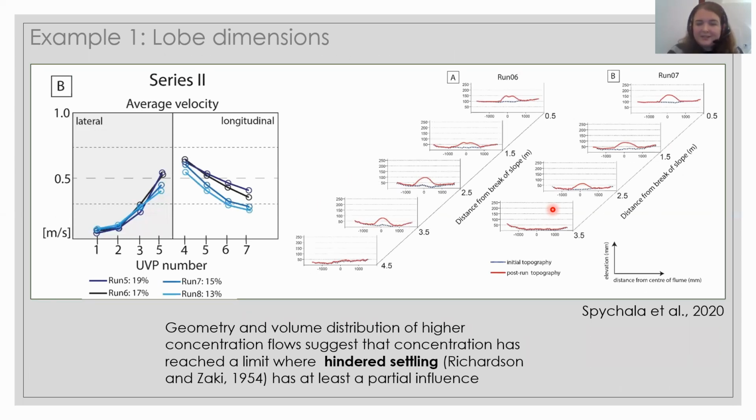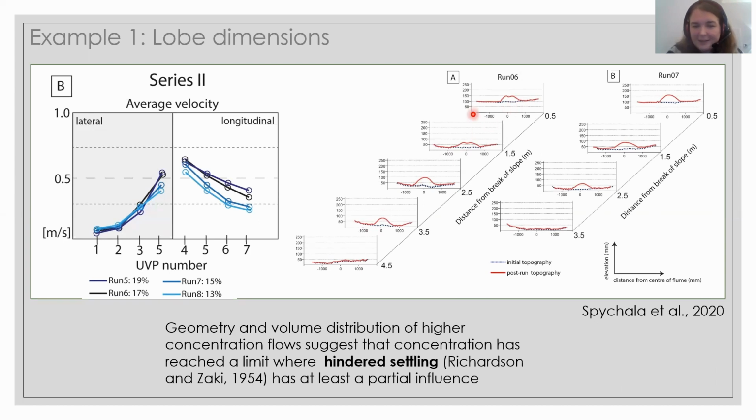Another difference is that for the runs with higher concentration, we get an indent into our deposits. And this tells us that there was a lot of bypass happening when the flow left the channel levee and started to actually deposit on the lobes.